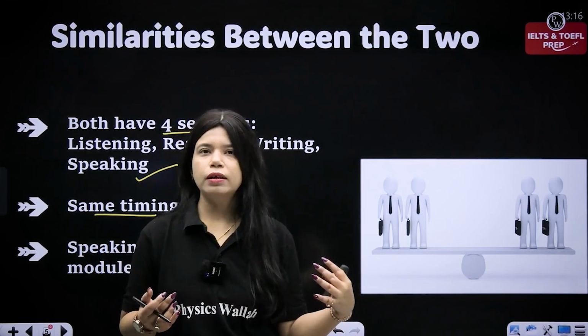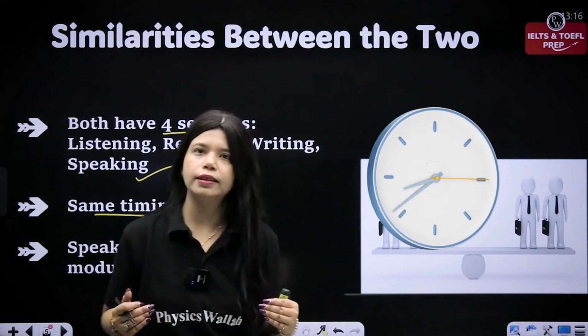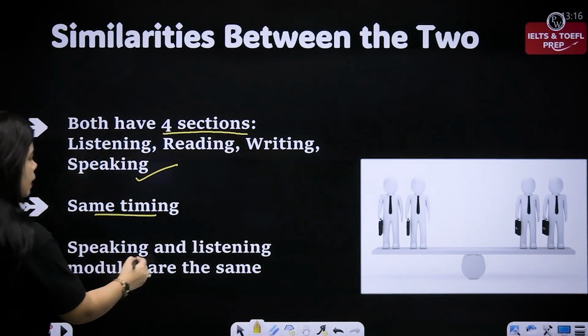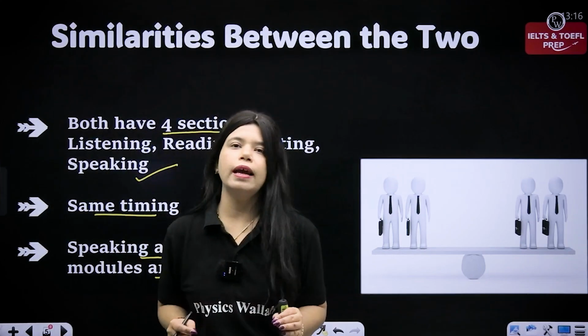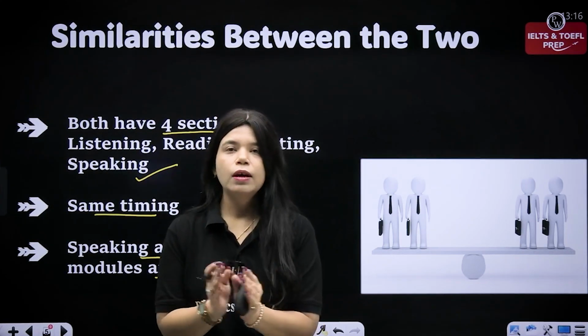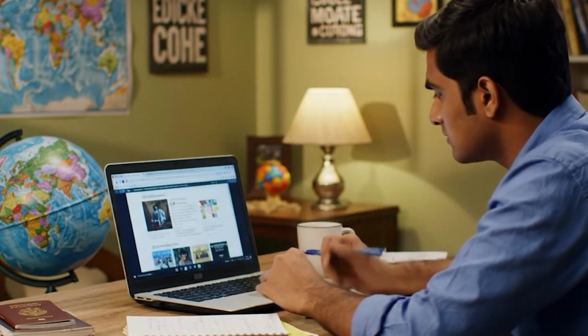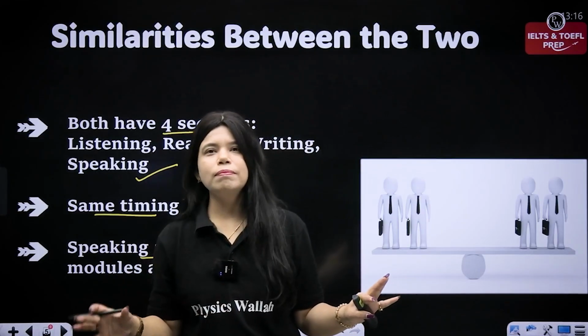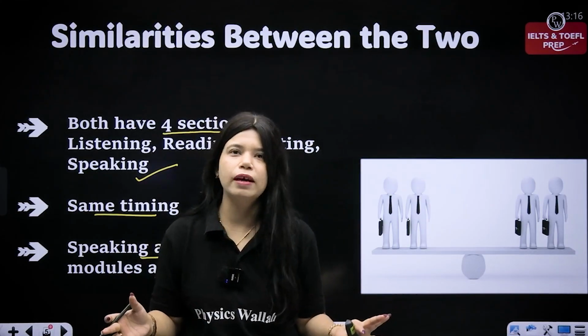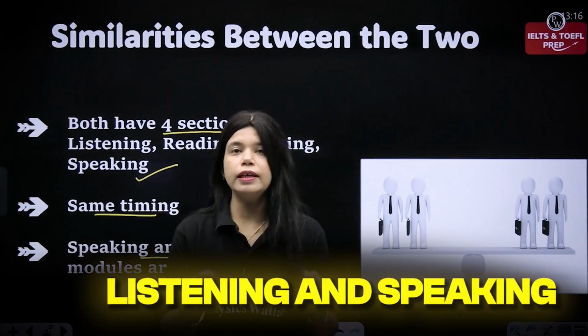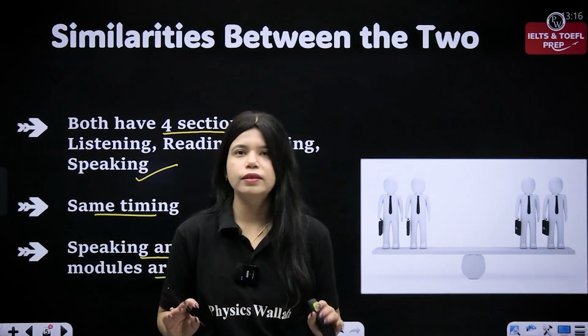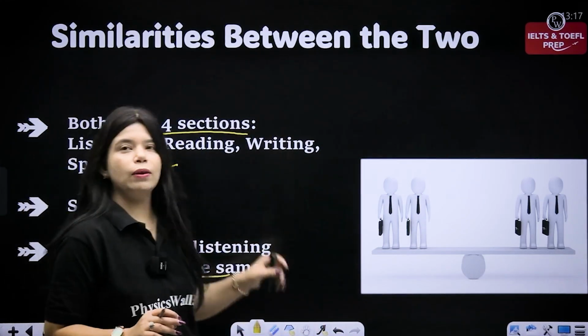And for the other modules too, the time duration is the same. And speaking and listening modules are exactly the same, both in academic as well as in general IELTS. So if you are preparing for academic IELTS, the same kind of preparation needs to be done for general IELTS for listening and speaking. In these 2 modules, there's just no difference at all. So this was about similarities.